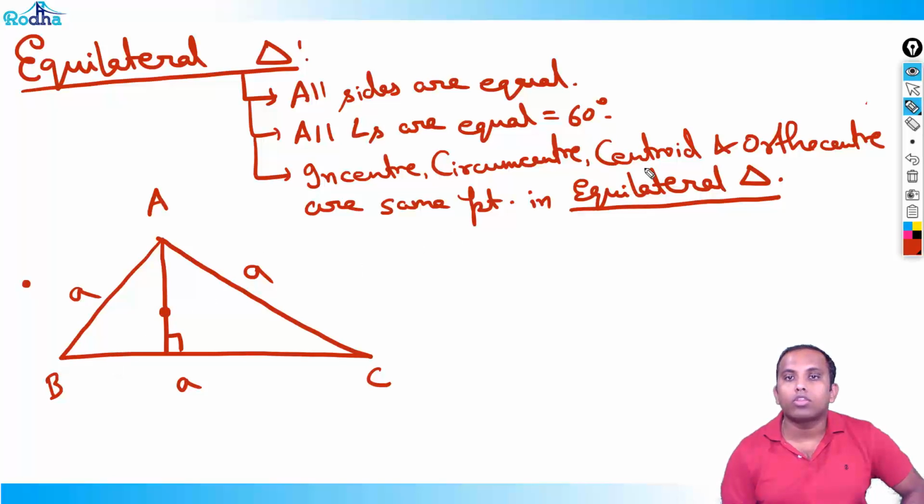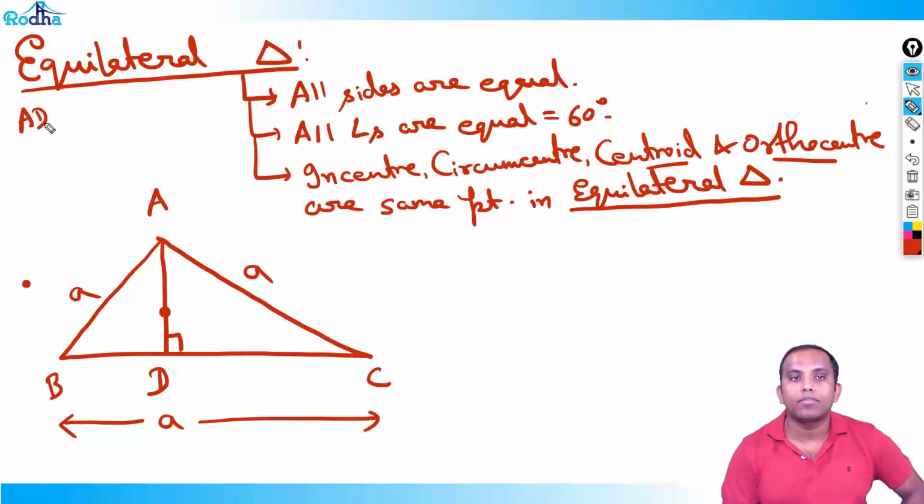Now the orthocenter is equal to the centroid. Let me write like this. This whole AD is A obviously. So this is the orthocenter and the centroid at the same point. So this is the centroid also. That means AD is median also.